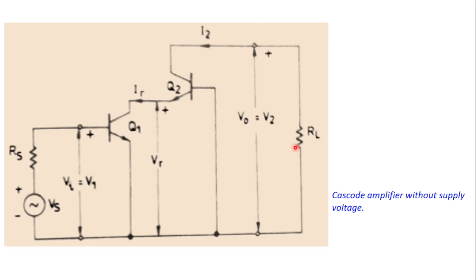We have not connected any load resistance here, so RL is infinite. In that case, the load of Q1, that is the load at its output terminal, becomes equal to the input resistance of Q2.